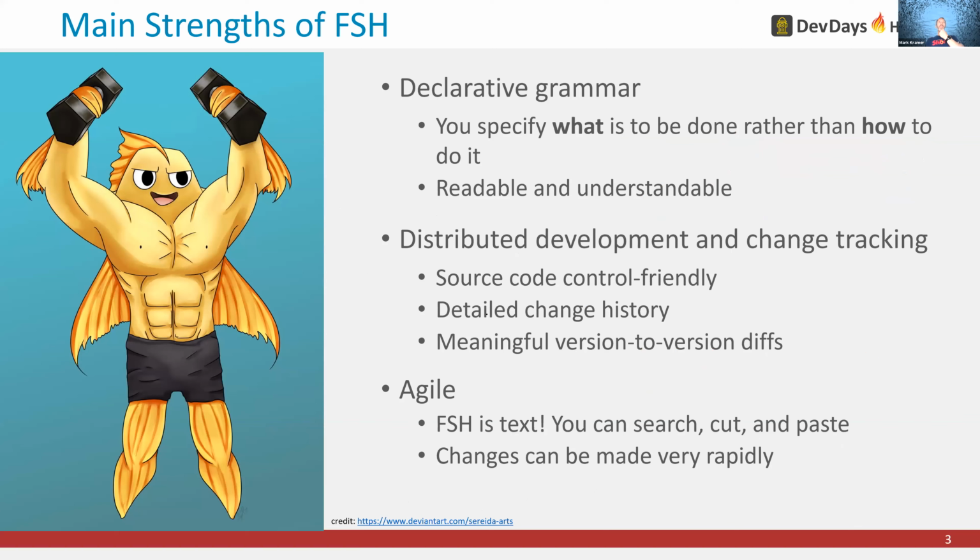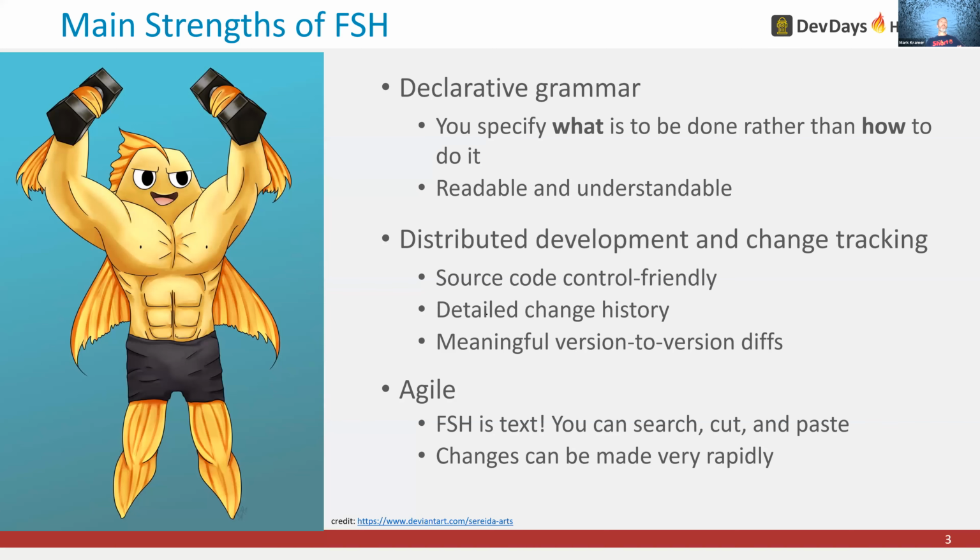So, as I mentioned, it's a method of creating FHIR artifacts that you need for profiling. And what makes it different is that it has a declarative grammar. You specify what you want to do rather than how to do it. And that makes it quite readable and understandable. I won't say you stay completely out of the weeds, but you are specifying not the FHIR implementation as much as what you'd like to do.